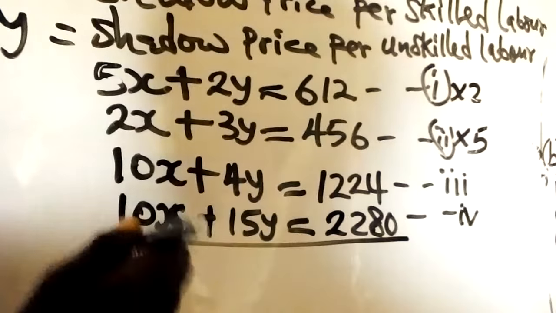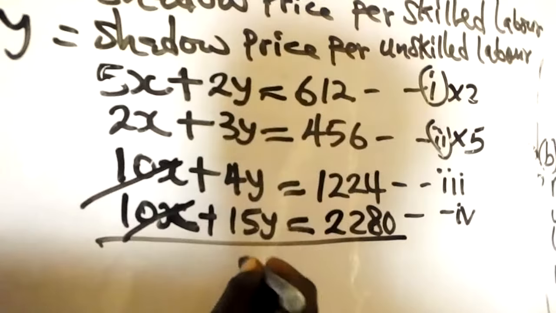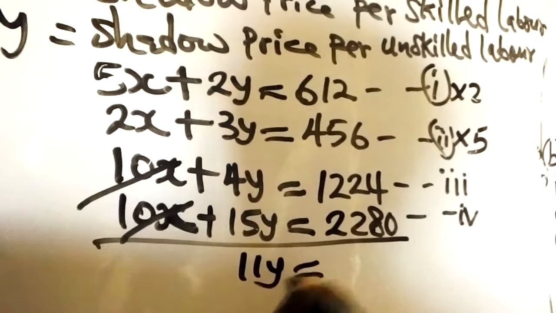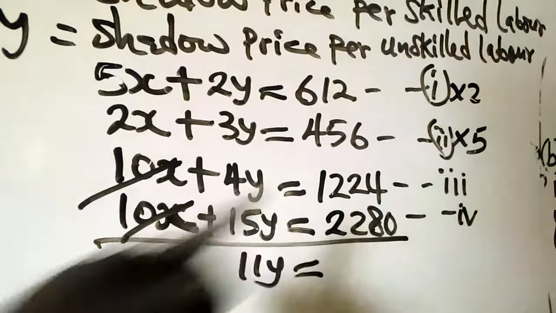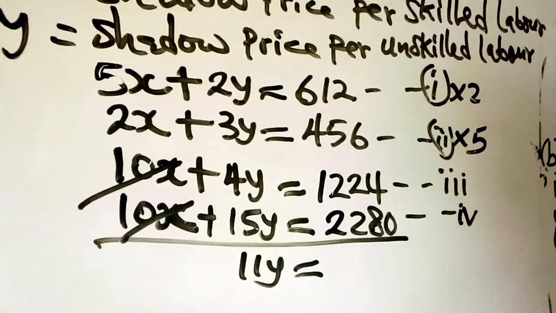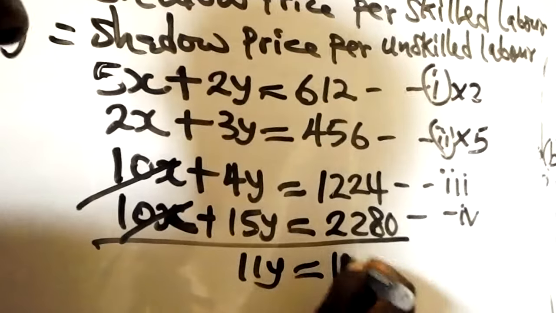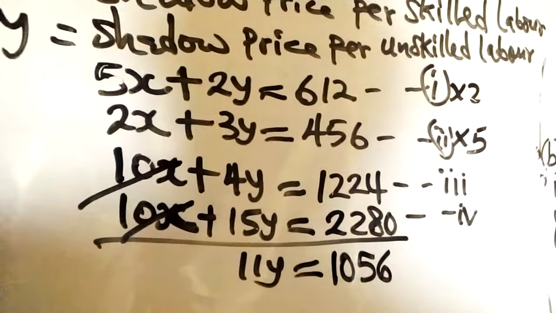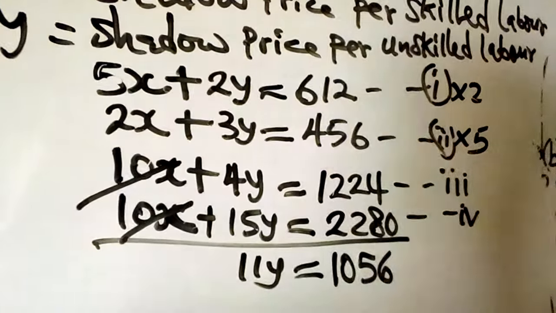By subtraction, x will be eliminated. So 15y minus 4y will be 11y equal to 2,280 minus 1,224. Then you'll be left with 1,056. To solve for y, divide both sides by 11.